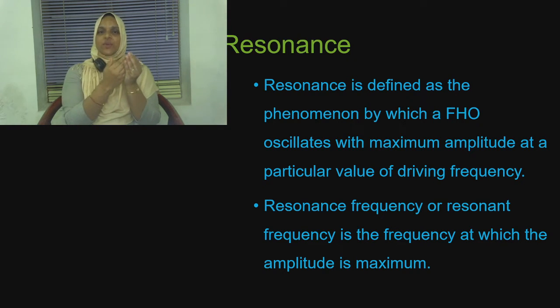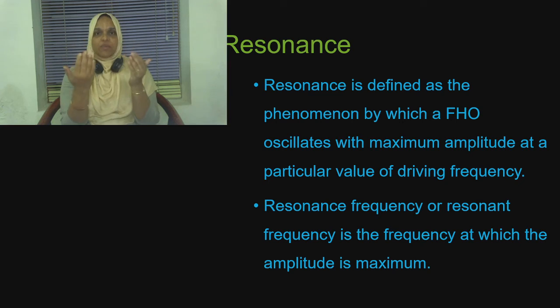When this driving frequency approaches the natural frequency, the oscillator will oscillate with maximum amplitude, and that phenomenon is known as resonance. The driving frequency at which a forced harmonic oscillator executes amplitude resonance is known as the resonant frequency or resonance frequency. That is when the amplitude becomes maximum.